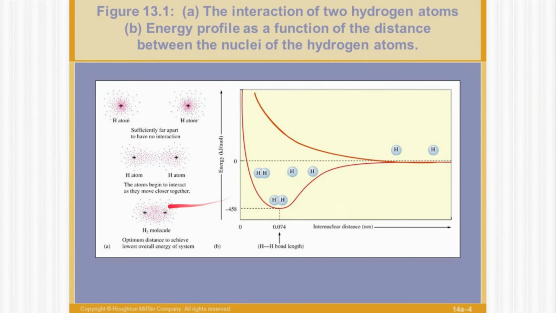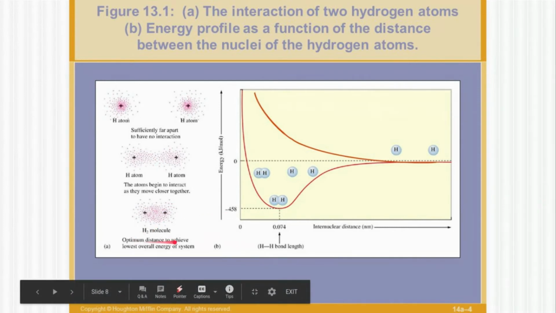So basically what's going to happen is these atoms are going to get to a point where they're close enough to achieve this minimum amount of energy, which you can see here on this graph. This is our minimum amount of energy. This is the sweet spot. This is where these atoms will form a bond. And that distance between them is the bond length.